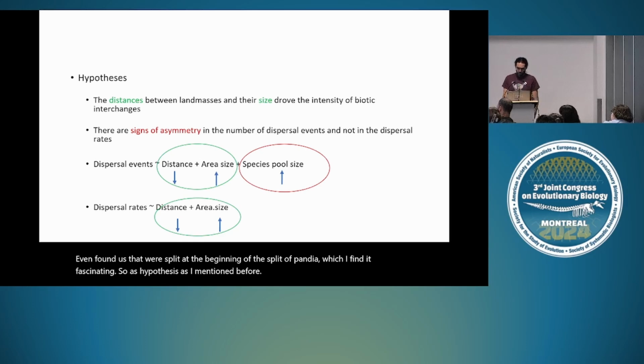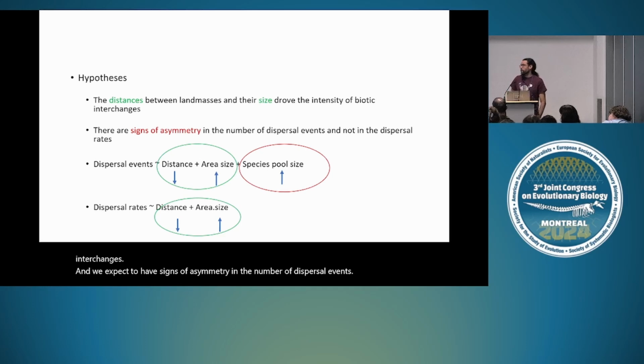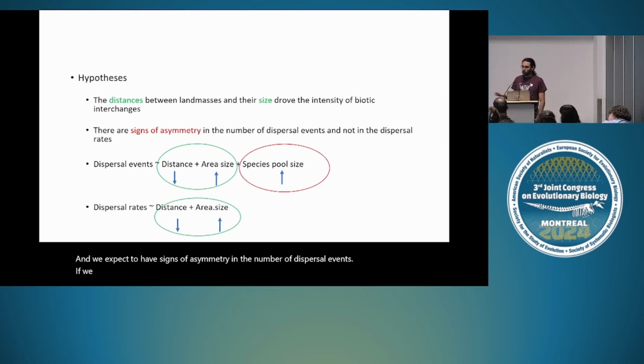So as hypothesis, as I mentioned before, distances between the land masses and the size of them should drive the intensity of these interchanges. And we expect to have signs of asymmetry in the number of dispersal events. If we consider dispersal rates, which should be corrected by the species pools, perhaps there shouldn't be asymmetry in those.